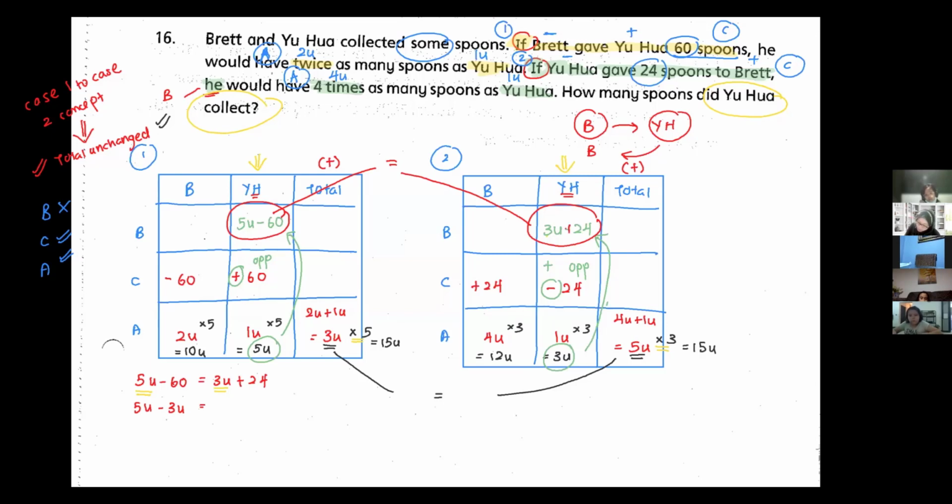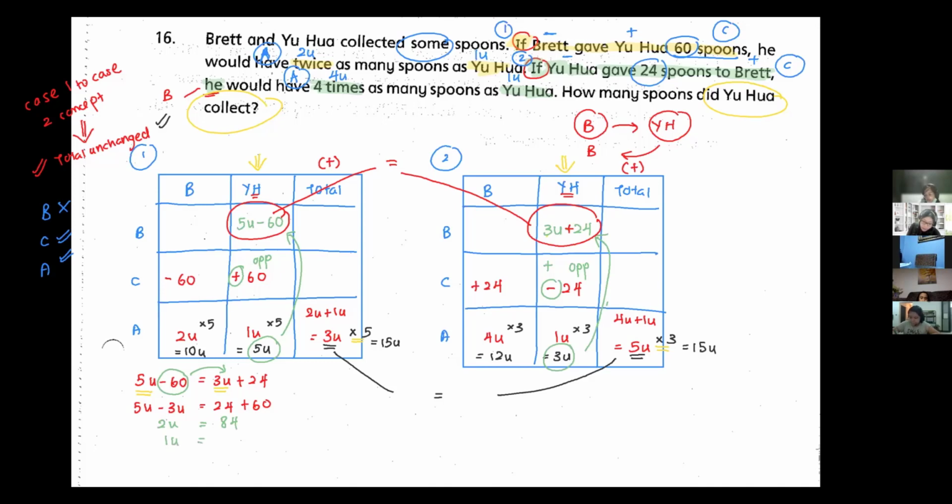So we have here 24 and then plus 60. Because if you remember, whatever you go opposite just now, when you go backwards, you need to change back to the original sign. Whatever you move over the equal sign must become the opposite sign again. Okay, so here is 2 units equals to 24 plus 60 is 84.